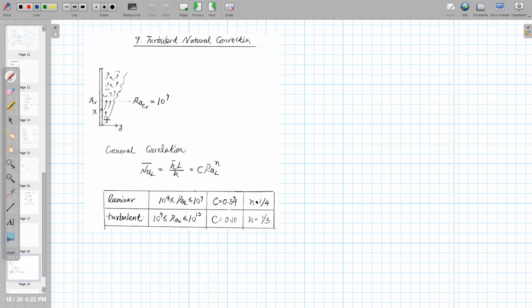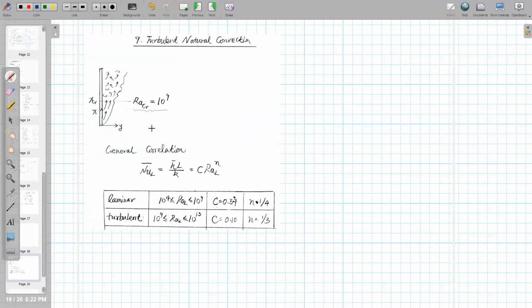In the beginning it will be laminar, but when the Rayleigh number increases to a very large value, it will become turbulent, and this will be the critical Rayleigh number. And how this turbulence changes the Nusselt number, the heat transfer rate.